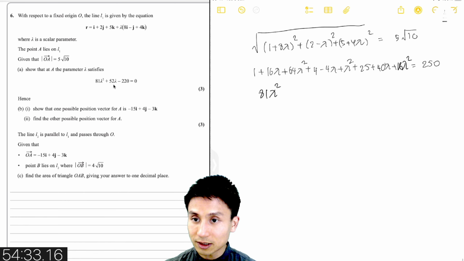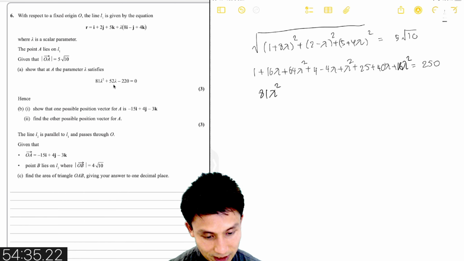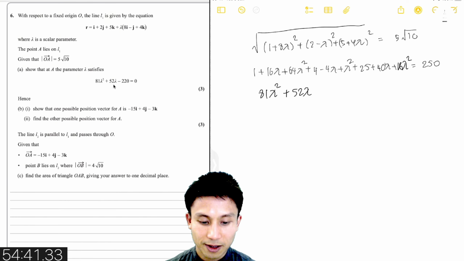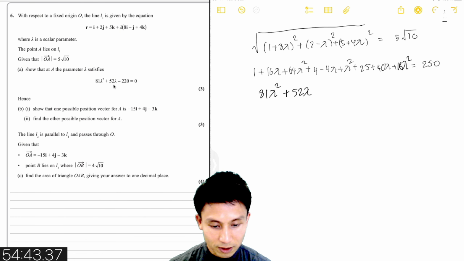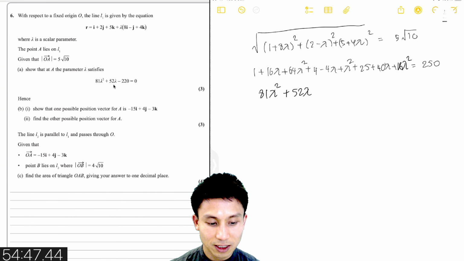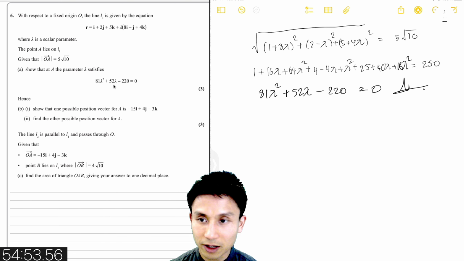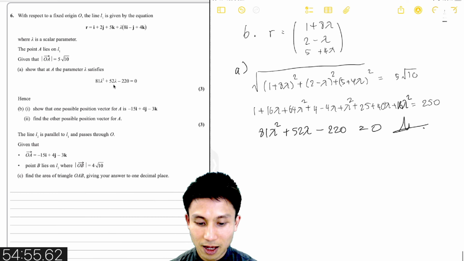And then do I get 52? So 16 plus minus 4 is 12. 12 plus 40 is 52 lambda. And then the constant term, 1 plus 4 is 5. 5 plus 25 is 30. And then 30 subtracted by 250. Yeah, we do get that as required. So this is A, right?